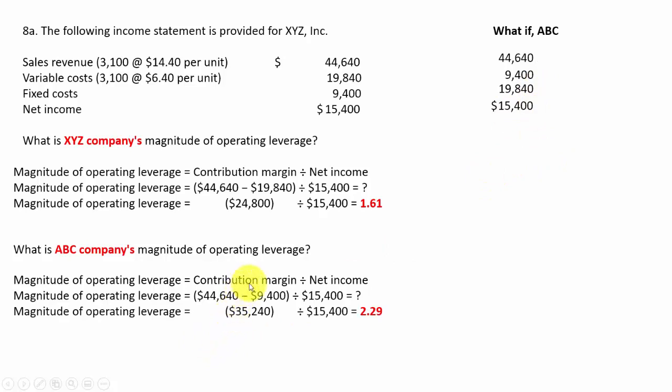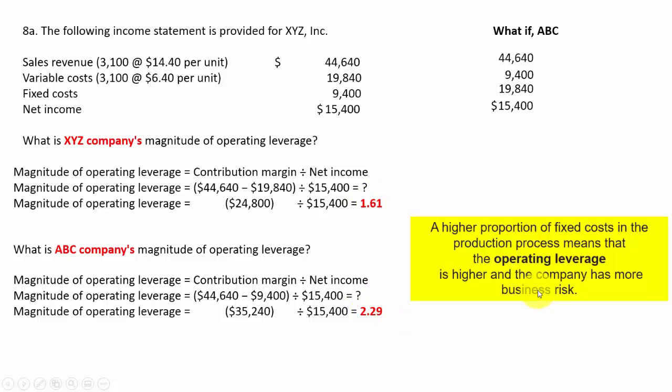So now we're going to have a contribution margin of $35,240 divided by $15,400, and our operating leverage, of course, is higher because we have more fixed cost in this structure, which is 2.29. And again, the moral of the story is the higher portion of fixed costs you have in your production process means that the operating leverage is going to be higher, and the more operating leverage you have means that you're taking more business risk.